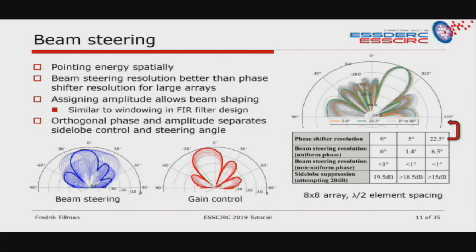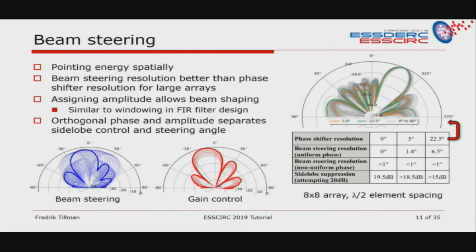These systems are, let's say, dependent on that you can orthogonalize the phase steering and your amplitude control in good ways, and that has to do with the side lobes of the systems, because you can achieve pretty good accuracy for the main lobe.